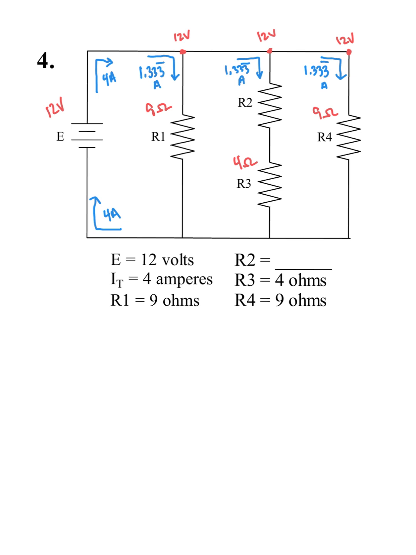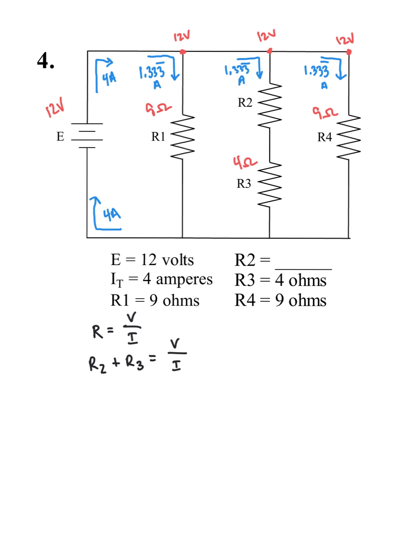I'm trying to solve using Ohm's law for the resistance value in that second branch for R2 and R3, and resistance is equal to volts over current. In this case, R2 plus R3, since I have to add those two together, is equal to volts over current.